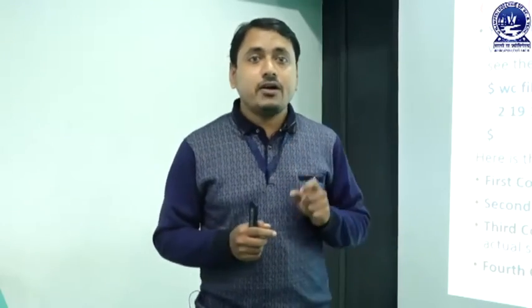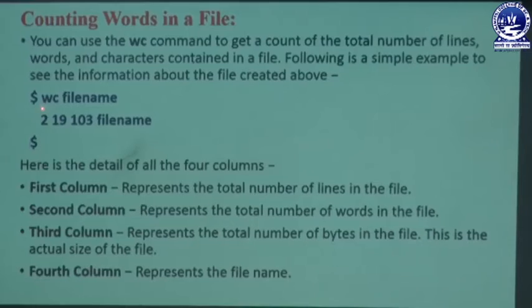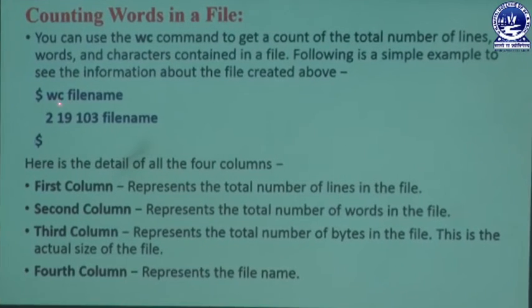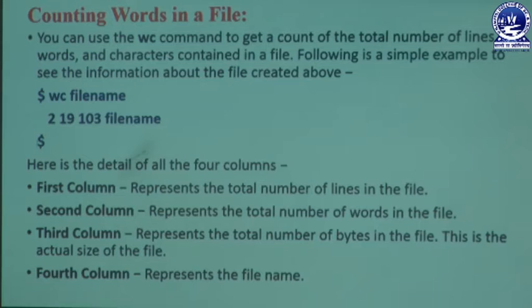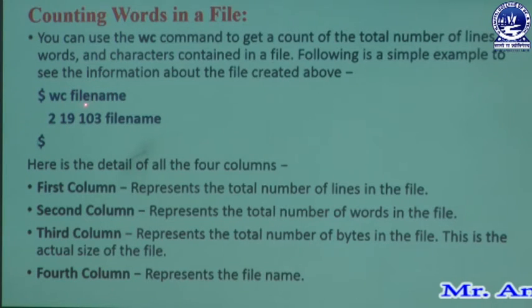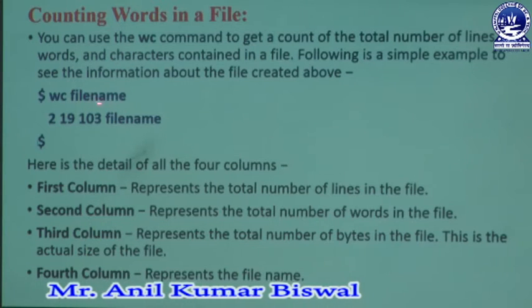Now we can focus on the slide. On that slide, we have already defined a command, wc, which is specially used for counting words. That means the user must write the command wc with a specific file name. If your file has a different name, you write that name.